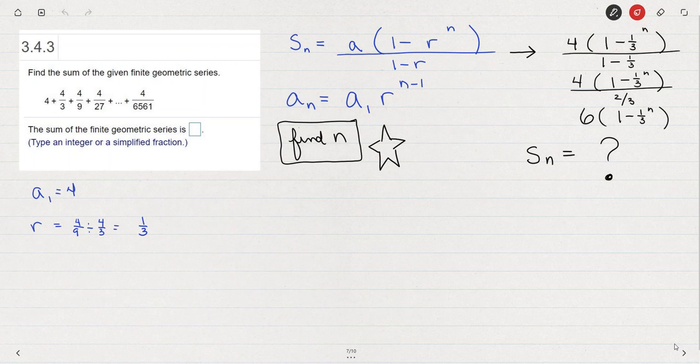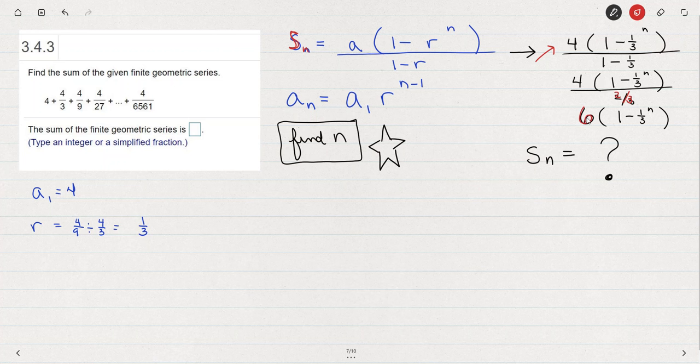If I plug that in to calculate the sum of n terms, I'd get 4 times 1 minus 1/3 to the n over 1 minus 1/3. Now 1 minus 1/3 is 2/3. 3/3 minus 1/3 is 2/3. And then if I multiply the 4 times 3 and divide by 2, I'd get 6.